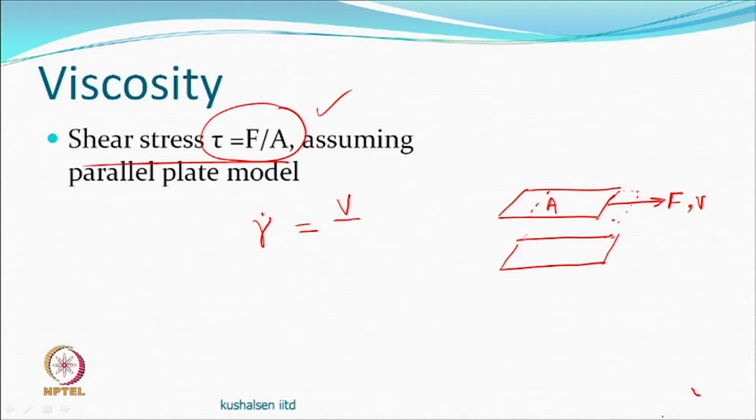So, this change that will take place would depend on the distance between them also, and this shear rate has been also defined on this distance as well. And so, the viscosity could be tau, shear stress, by the shear rate, because this is velocity by this distance.